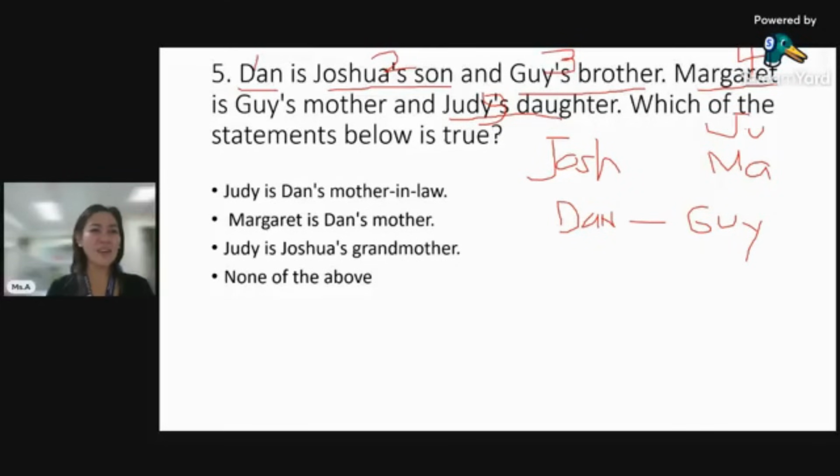Si Judy daw ay mother-in-law ni Dan. Si Margaret daw ay nanay ni Dan. Okay. Si Judy ay lola ni Joshua.